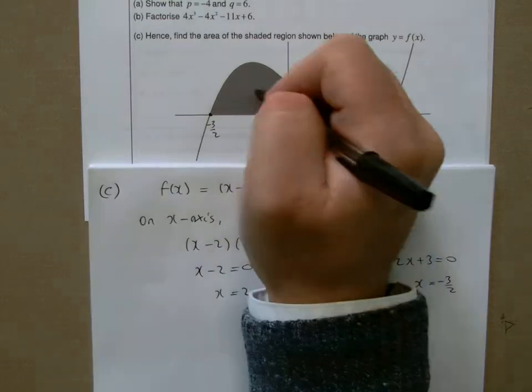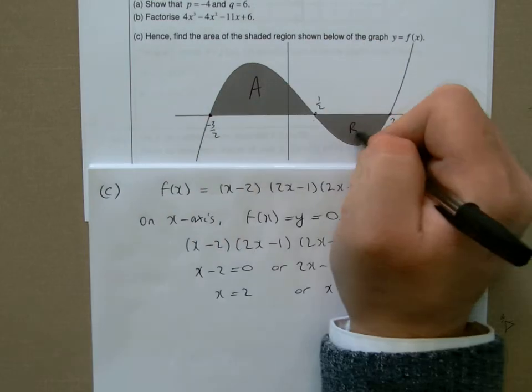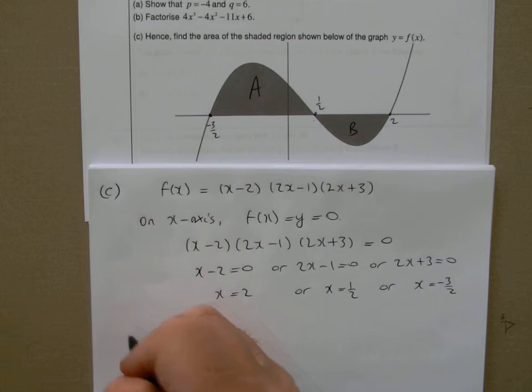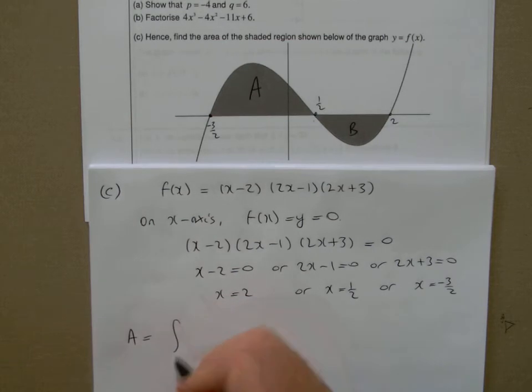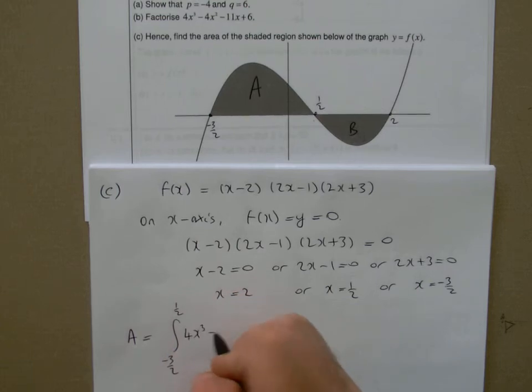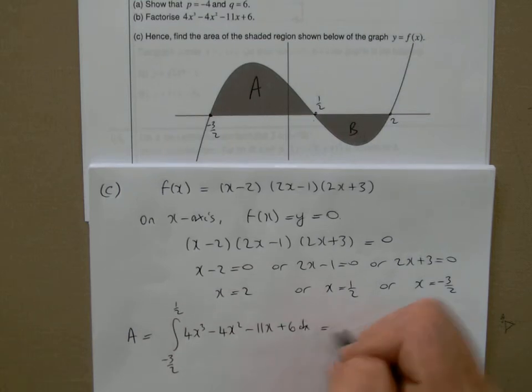So what I need to do now is integrate, right? If I call this area A and area B, then to start off with, for A, it'll be the integral from minus 3 over 2 to 1/2 of 4x cubed minus 4x squared minus 11x plus 6, with respect to x. So I'm going to integrate this now.